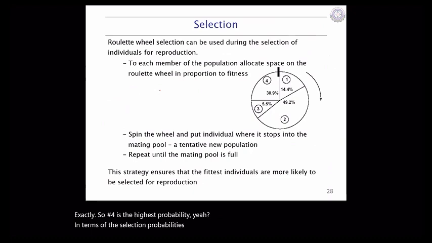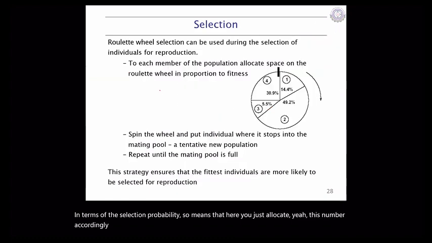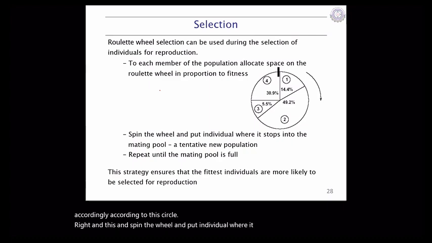So it means that here you allocate the numbers according to this circle, right? And spin the wheel and put the individual where it stops into the mating pool. This is a tentative new population, and repeat until the mating pool is full.